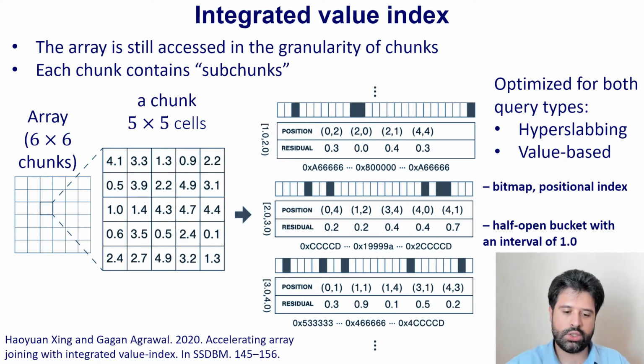The index is optimized for both hyperslabbing and value-based queries. A query examines only chunks intersecting the query region and reads the whole chunk or just buckets in the queried value range.